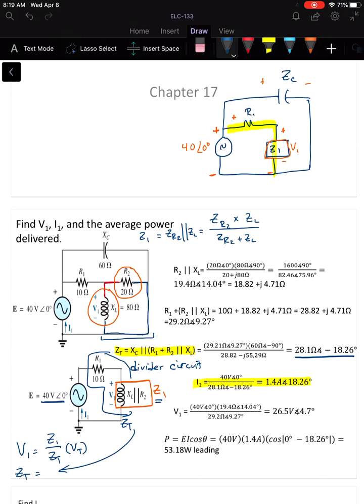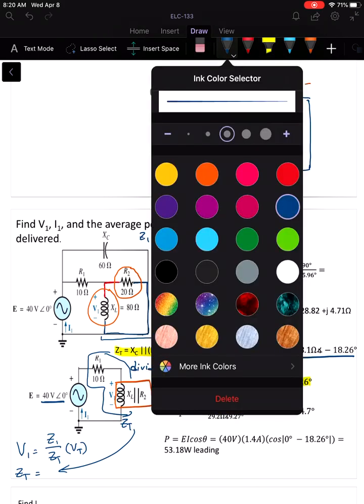That's just going to be a portion of your circuit typically. All right, so that brings us to V1 is equal to our 19.4 at 14 degrees. Remember, that was up here. That was our Z1, if you recall.